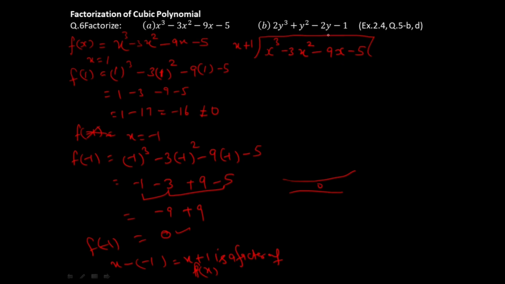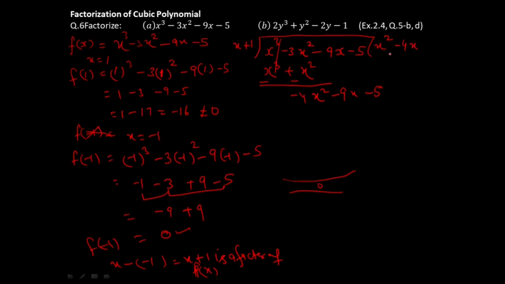So now I am not going to tell you the long division because this is already done. First of all, it will go by x square. Now multiply this whole thing by x square. I will be getting x cube positive x square. Change the sign. That got cancelled. Minus 4x square minus 9x minus 5.